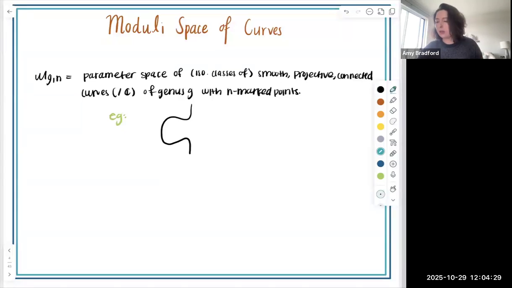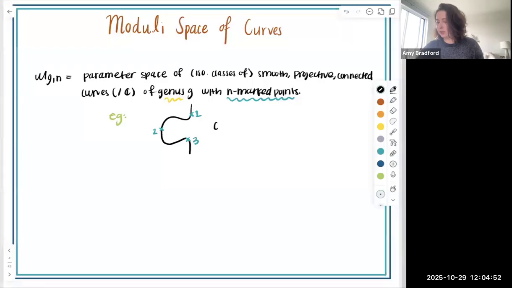It's just a one-dimensional thing. When I say it has n marked points, that means I'm going to pick out some number of specified points on this curve and label them. So something like this would be 3 marked points because I've labeled 3 points on it. And I'll explain more about the genus in just a second.